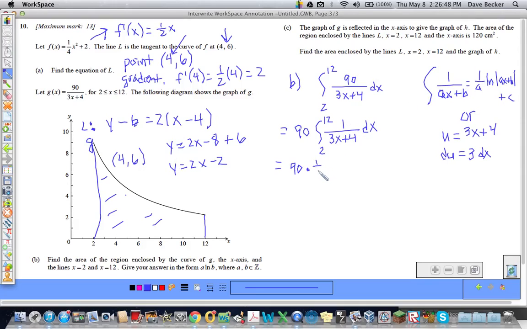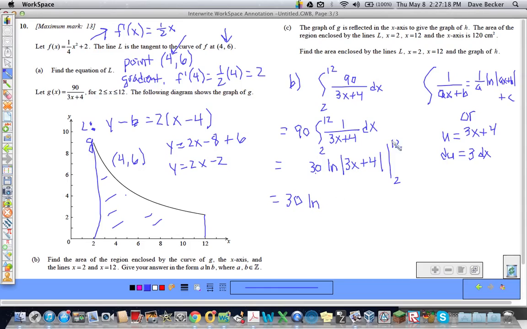So 1 over 3 times the natural log of the absolute value of 3x plus 4. There's no plus c because it has bounds. I'm going to evaluate it from 2 to 12. So let me simplify this. 90 times 1/3 is 30. So this would be 30 natural log.